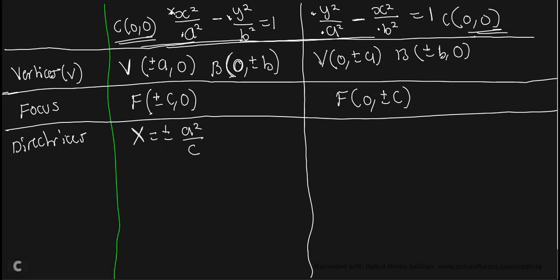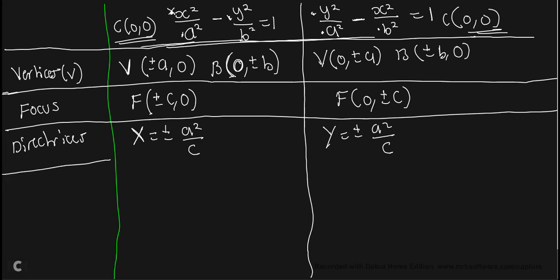How about this side? Your a is in the y, so it will be y equal to positive or minus a squared over c. So that's how you write that one.